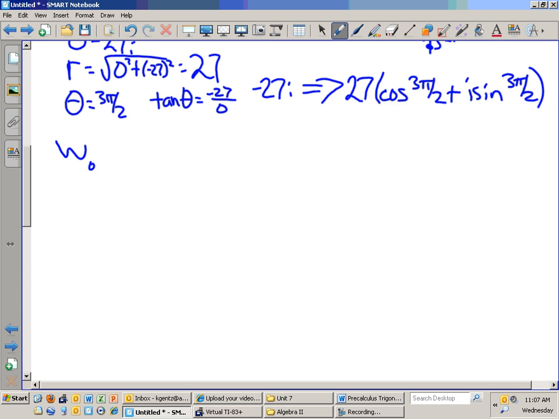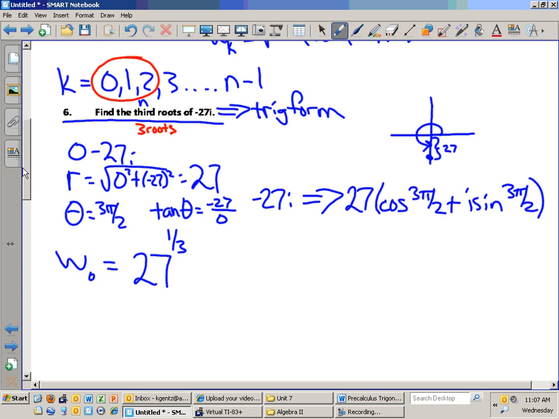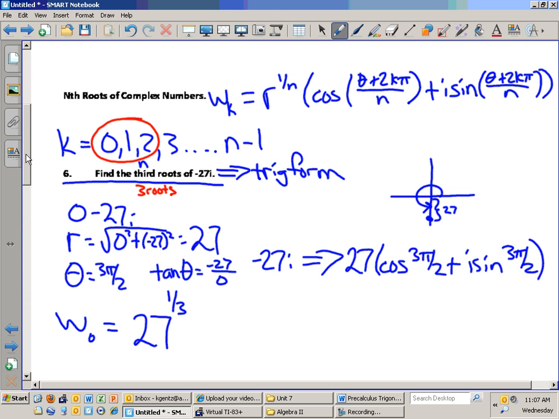All right, so we go to work. W sub 0 is equal to 27, which is my r. I just followed my formula. To the what power? 1/3. Because it says 1 over n, and n is the root number that we're finding.